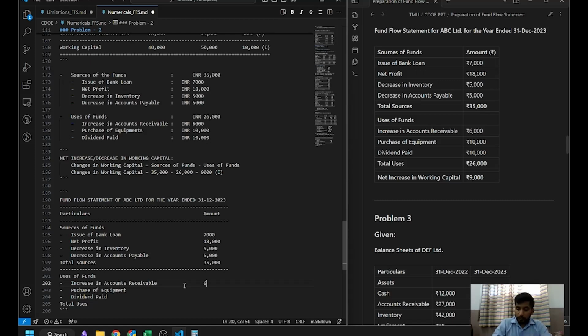Increase in the accounts receivable is 6,000. Purchase of the equipment is 10,000. Dividend paid is also 10,000. This was given in the question, making my total uses as 26,000.